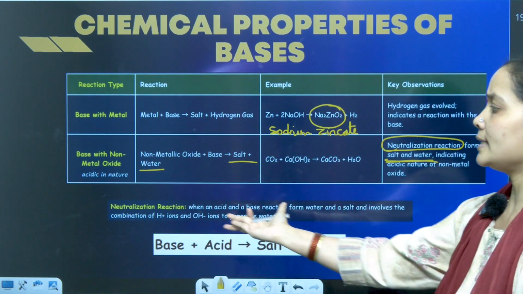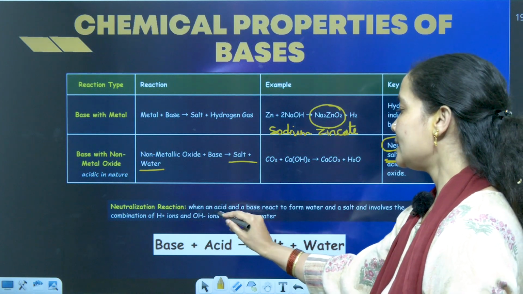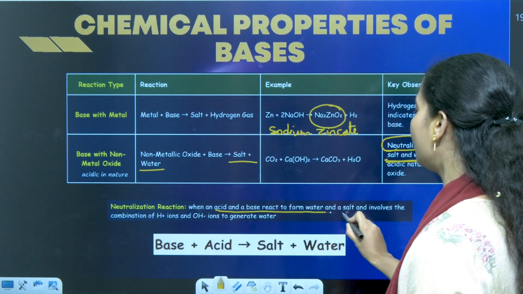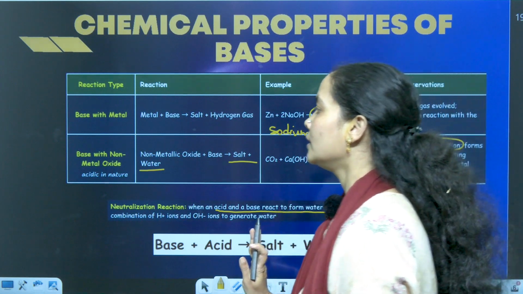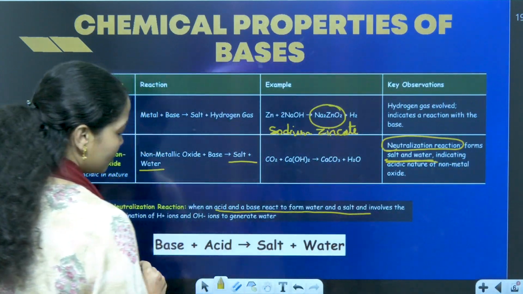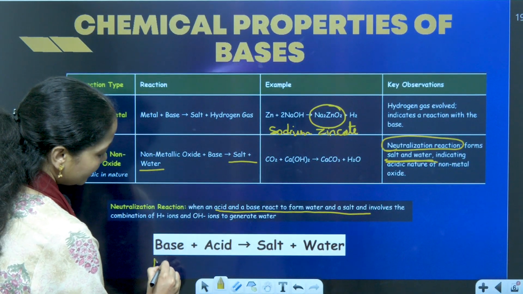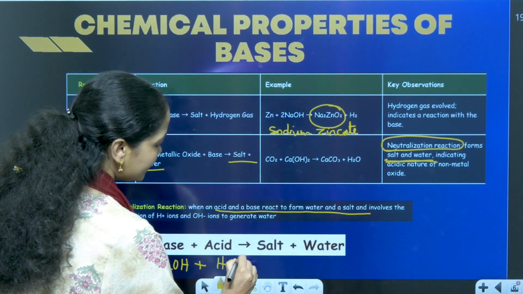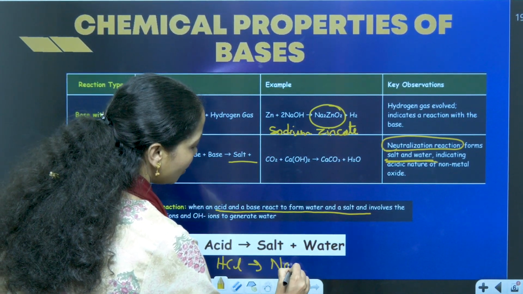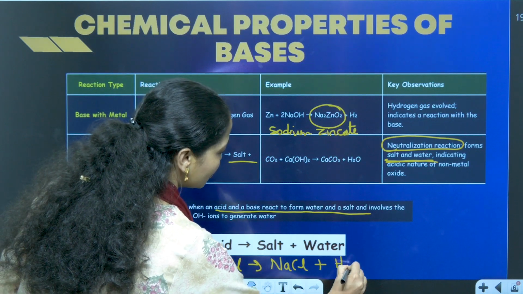So what's a neutralization reaction? When an acid and a base react to form salt and water, we call it a neutralization reaction. The most common example of neutralization reaction is the base NaOH reacting with an acid HCl to give the salt NaCl with water H2O.